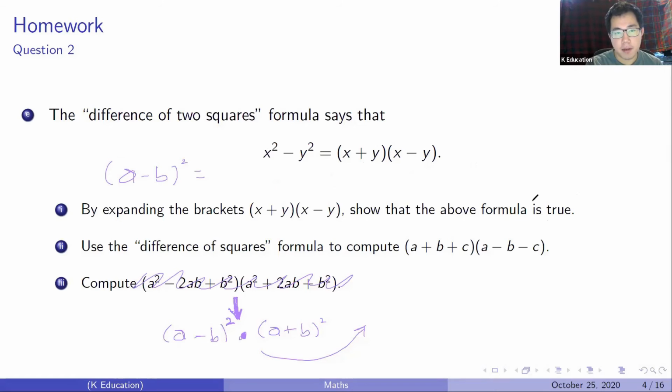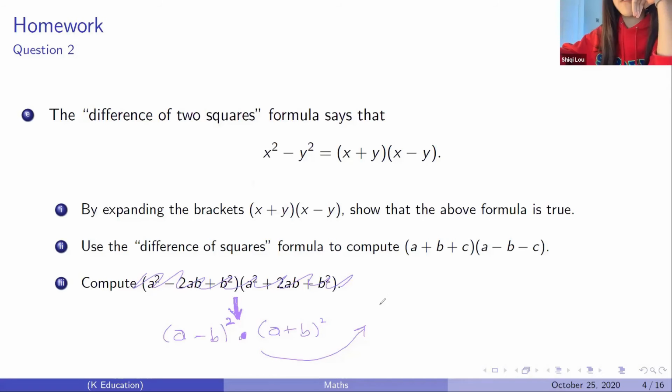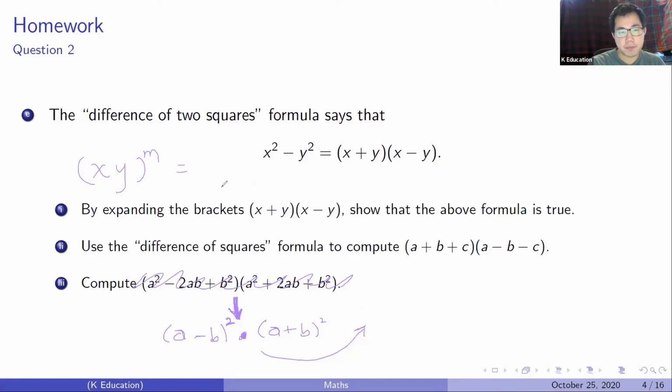Okay, Suchi, can you see what I'm going to do next? No. Okay, what about xy to the power of m? What is this equal to? Right, so x, y, something and something, right? Suchi, I'm still asking you. Oh, sorry.